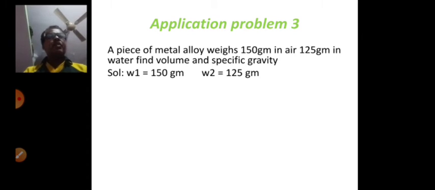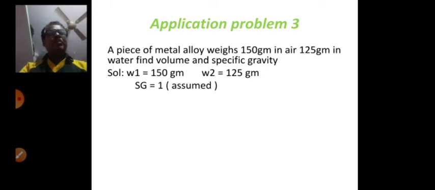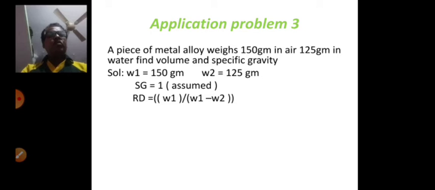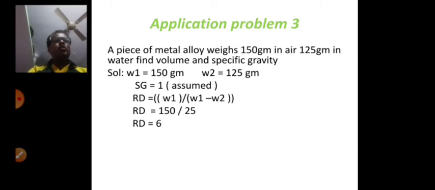That is, the weight of alloy in air is 150 gram and the weight of alloy in water is 125 gram. Specific gravity of water is assumed to be 1. So RD is equal to W1 divided by W1 minus W2. RD is 150 divided by 25. Relative density is 6, which has no unit.